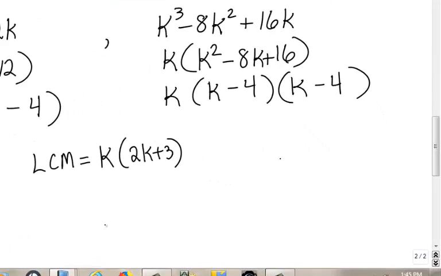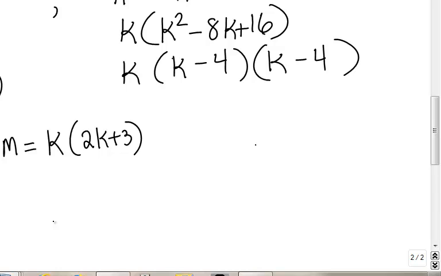K minus 4 appears twice, greatest number of times, twice. And that is your least common multiple. Quantity squared? That's fine. I would guess probably you're greater once it this way, though. But it would be all right.